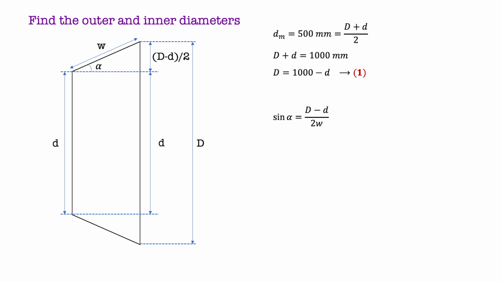After that, the second equation of D is obtained from the cone angle. Refer to the figure here. We can use sine alpha equals capital D minus small d over 2W. And we get the second equation: the outer minus the inner diameter equals 27.78 millimeters.